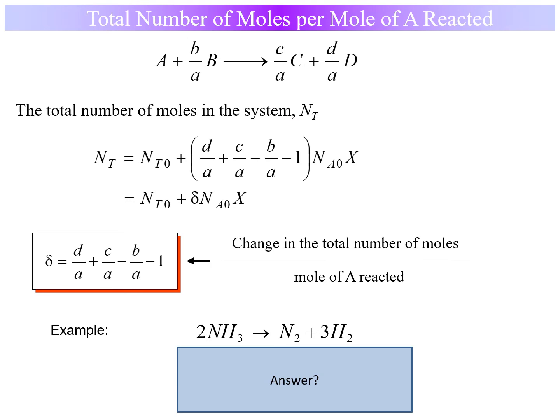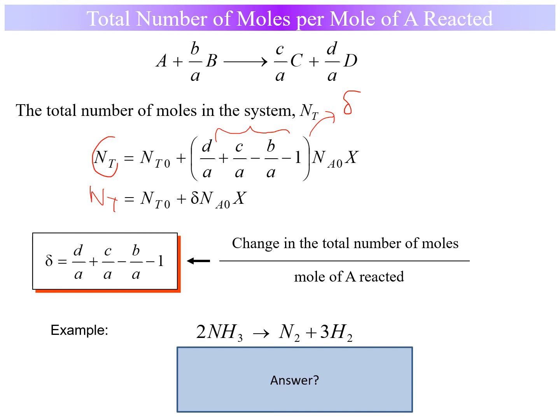So from the total number of moles in the system, which is the NT, we want to simplify this equation, which will be represented with delta. So we will have Nt naught plus delta times Na naught times X, which equals Nt. Delta here is defined as the change in the total number of moles over the moles of A reactant.